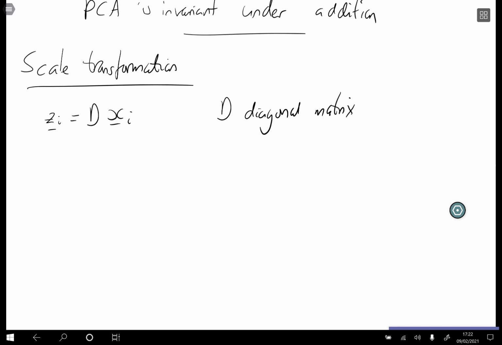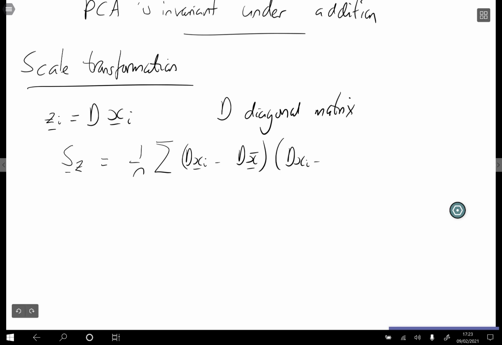If you think about the empirical covariance matrix of z, it's going to be 1 over n sum of dxi minus d x bar, because the transformation is going to change the sample mean by d as well, times dxi minus d x bar transposed.